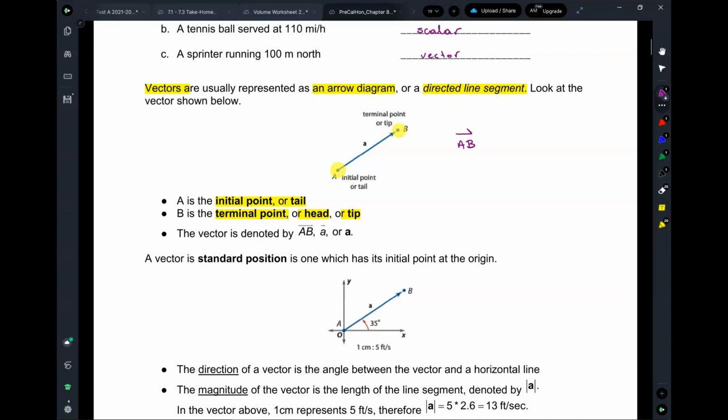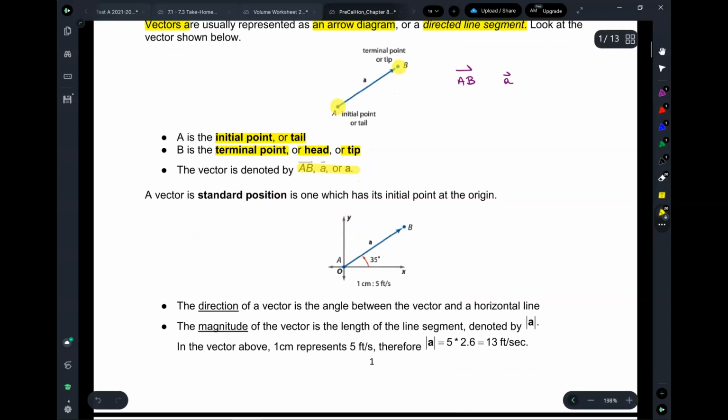Or you can give the entire vector a symbol, like lowercase a. So you can call this vector a. In books, it's also written in bold, but in handwriting we can't bolden the letter, so it would be this. It's half an arrow, not a full arrow on top. If it was a full arrow, it would be a ray. This is a vector, different notation, okay? A full arrow would be wrong.